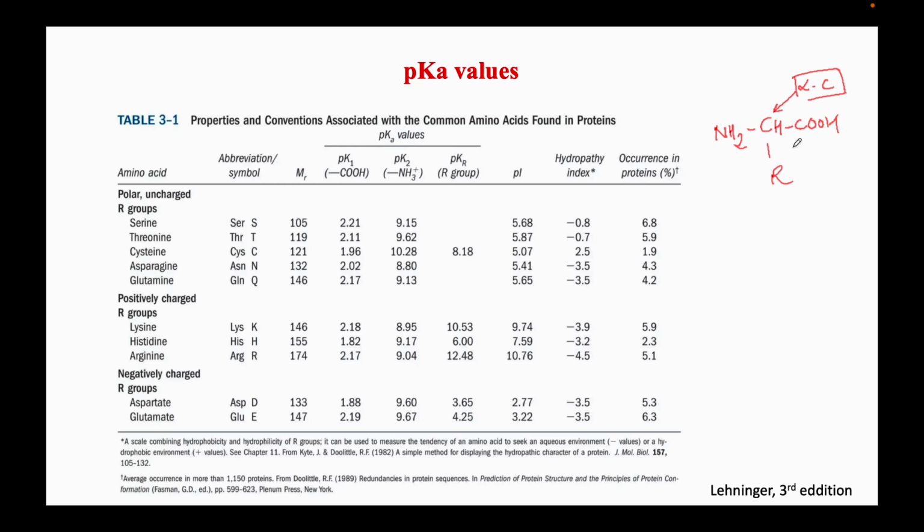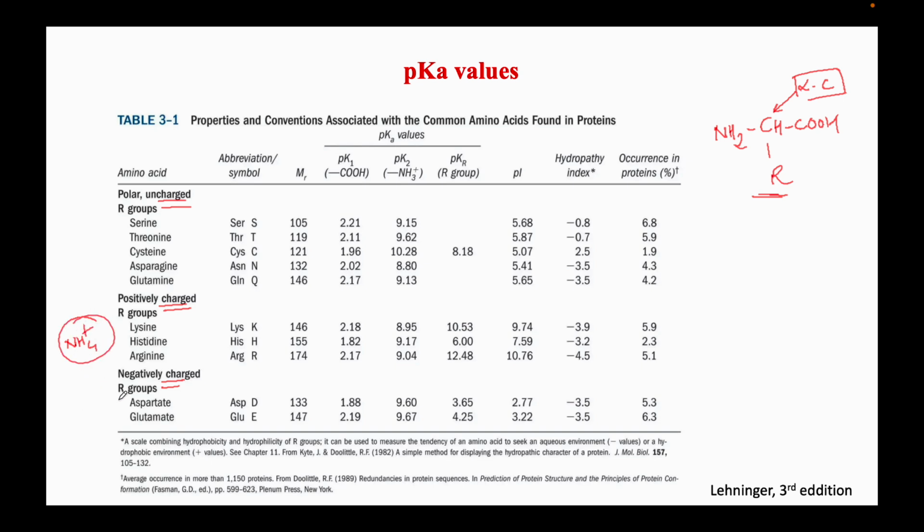And this is the R group in the amino acid. Amino acids are classified based upon these R groups. We have the R group attached to the alpha carbon. The R groups can be polar uncharged, positively charged, or negatively charged. The positively charged R groups have some NH3 plus group.